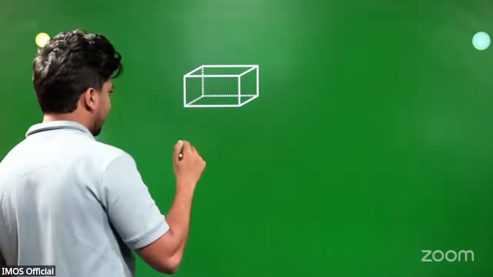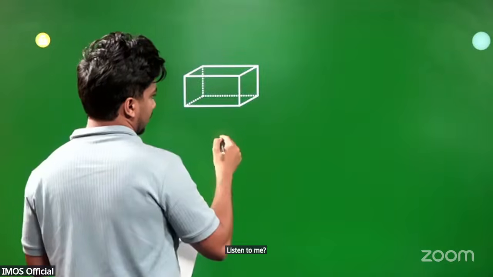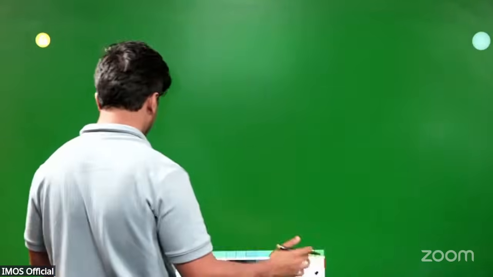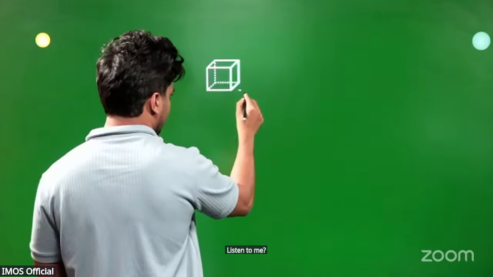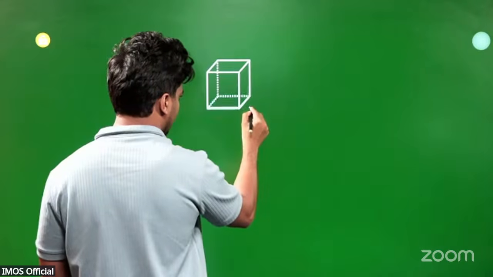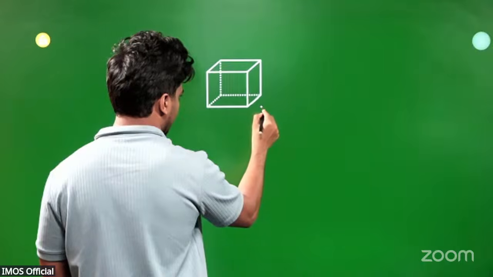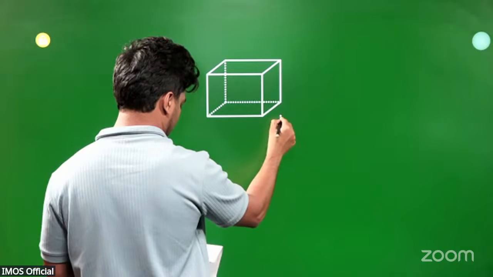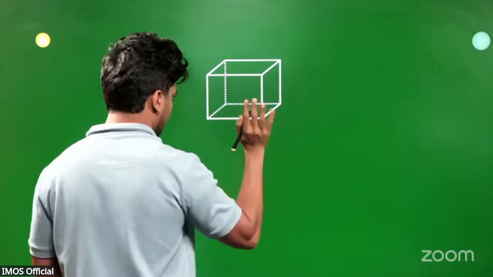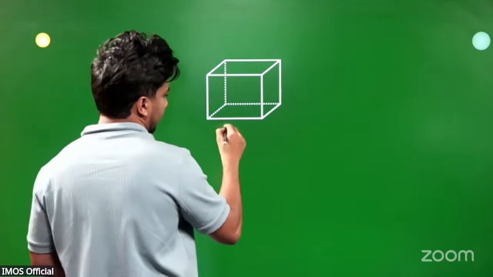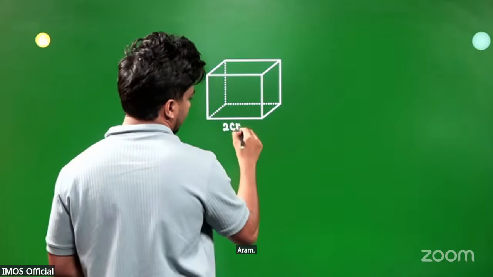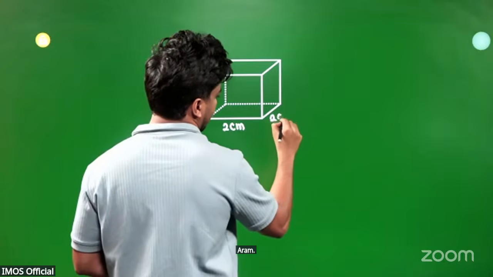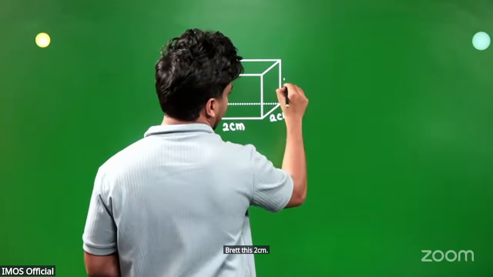Puta, listen to me. ඔන්න length එක 2 centimeter. Breadth is 2 centimeter. And height is 1 centimeter.